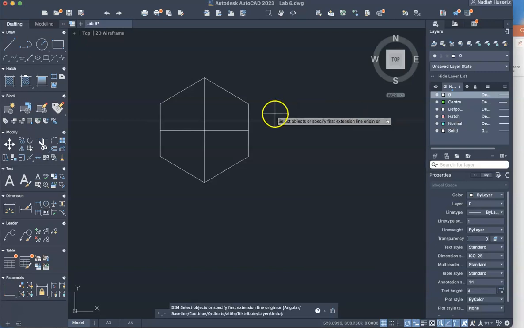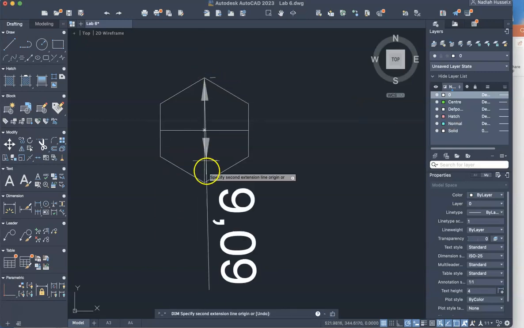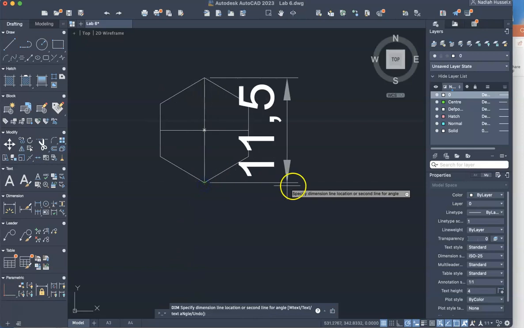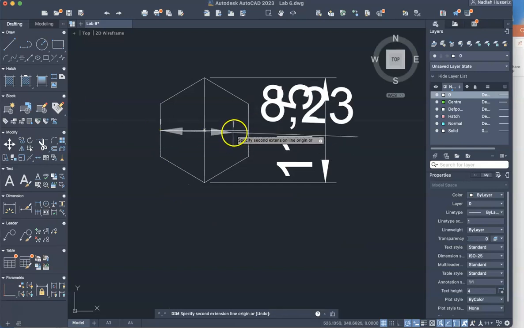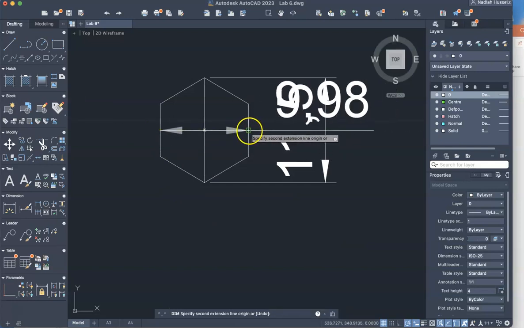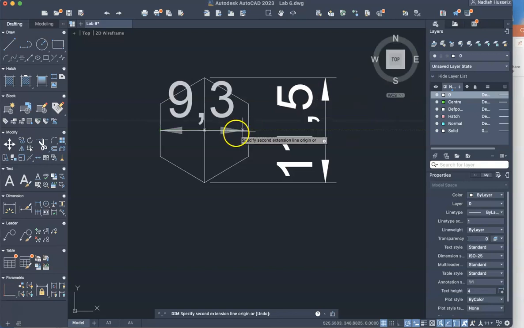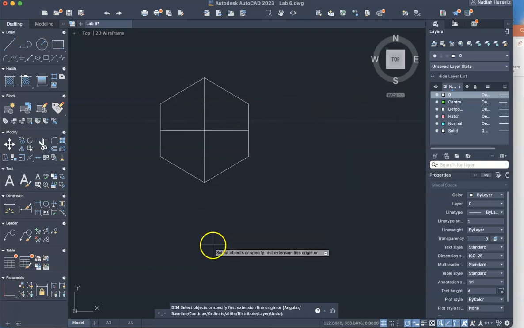So let's try to measure from this point to this point, which is now 11.5, and another dim from this point to this point should be 10. So it did not follow through. Let's try again.